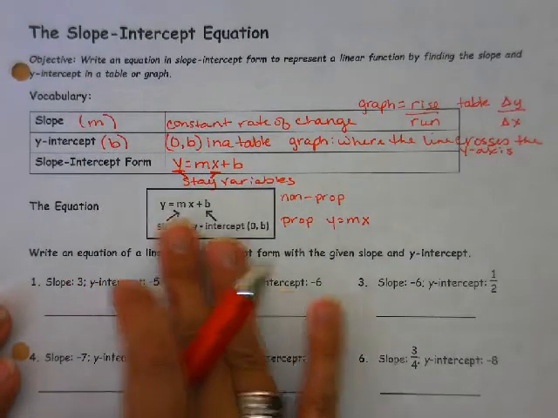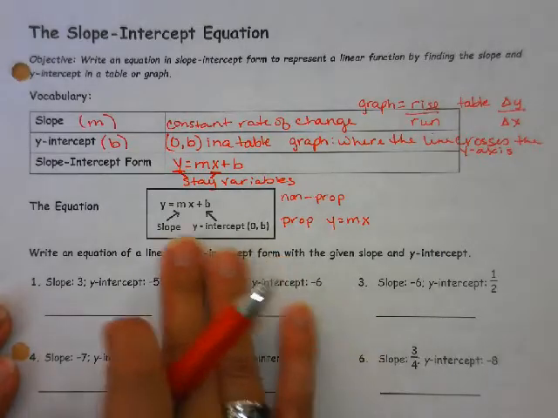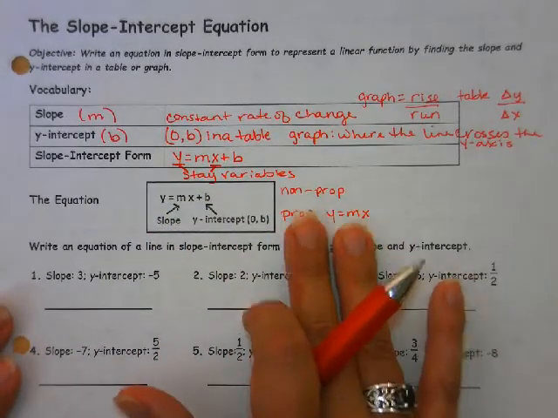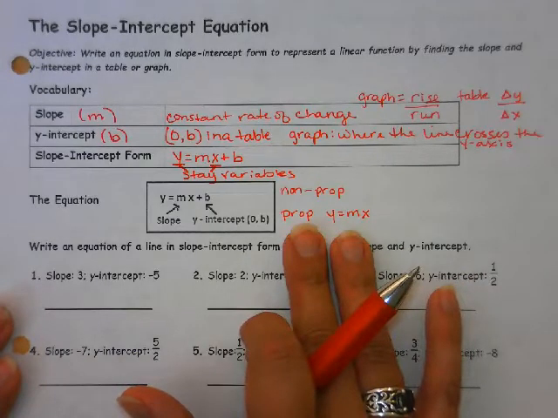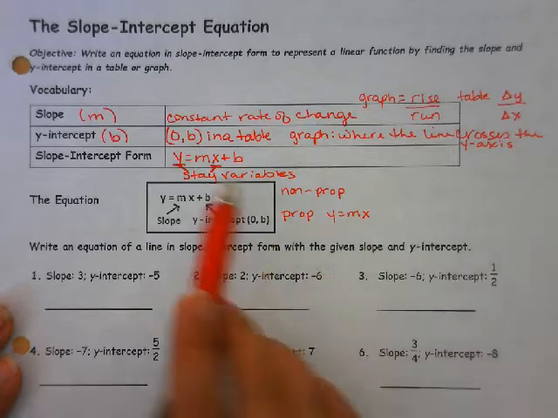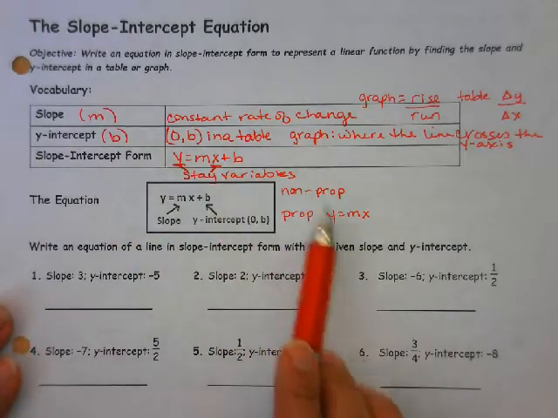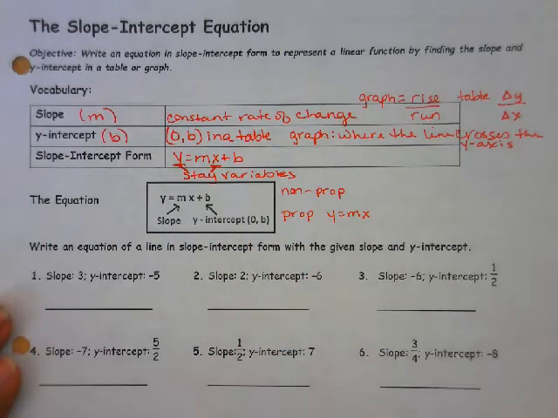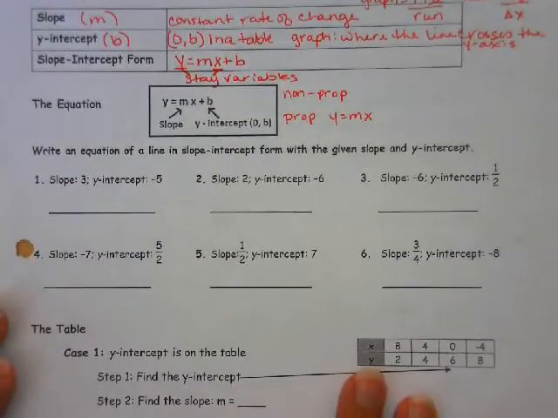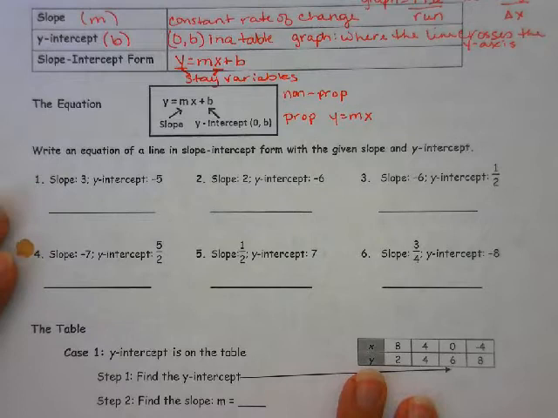So here is again our slope-intercept equation where m is our slope and b is our y-intercept. Remember, it can be proportional or non-proportional. Also remember, in our Venn diagram that we put in our journal, slope is applicable to both non-proportional and proportional situations.